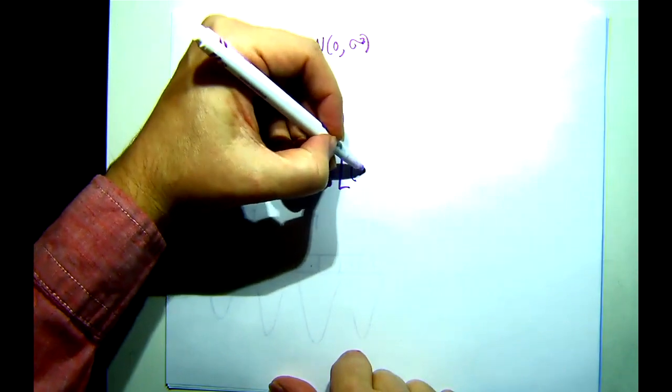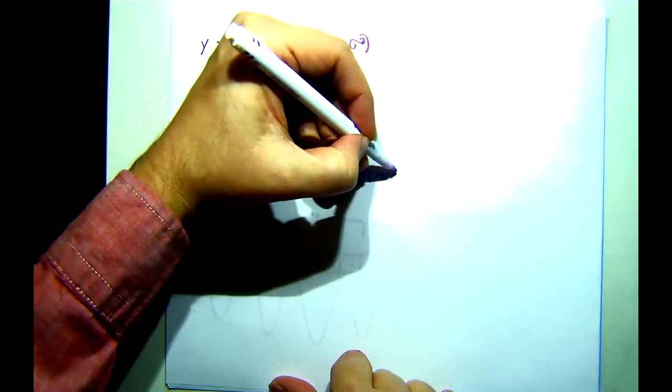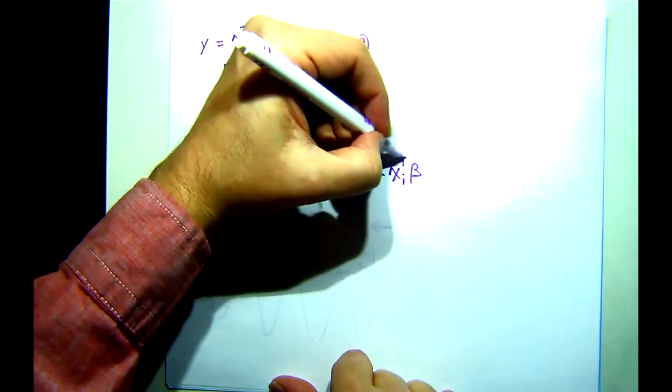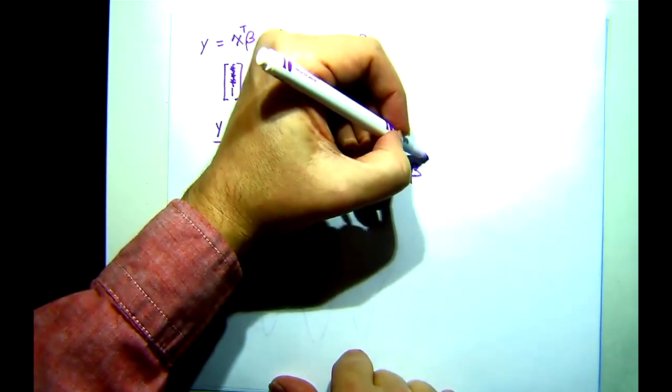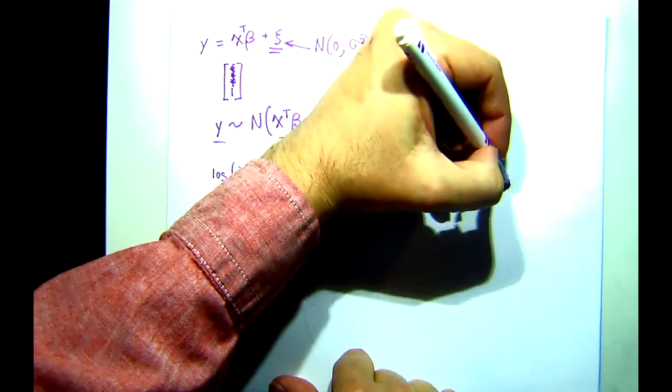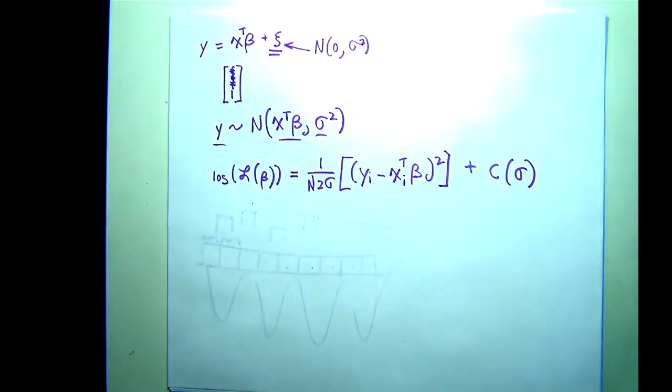So we get yi, the prediction, times your beta, there's a transpose in there, squared, plus there's some constant that is parameterized by the sigma. This constant we don't care about. For a given sigma, it's always the same. We're about to take the derivative of this. Once you take the derivative, it doesn't matter.